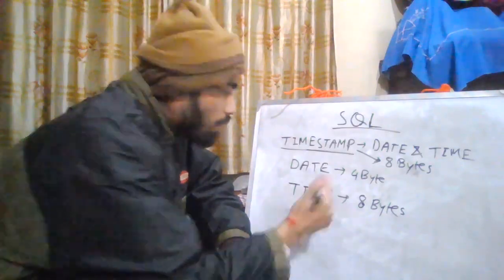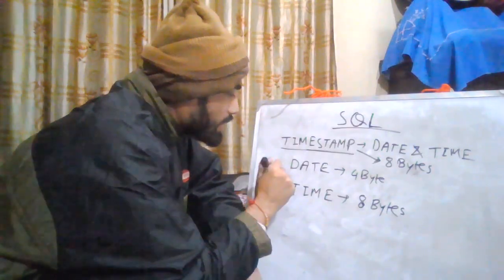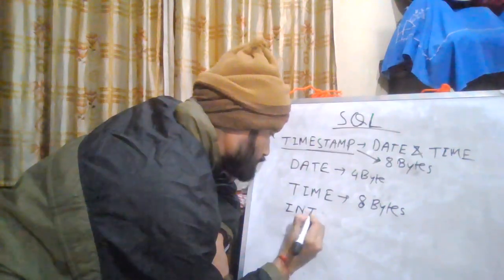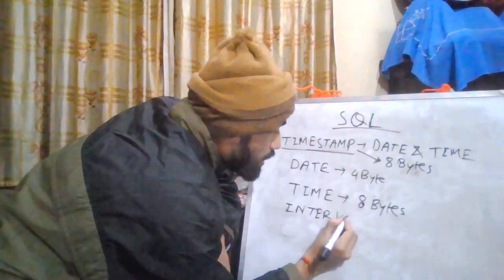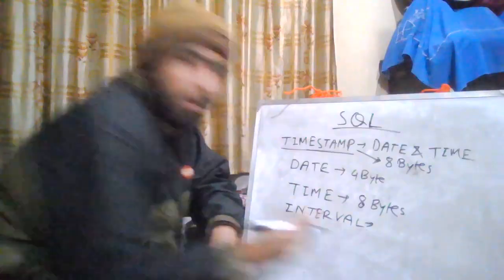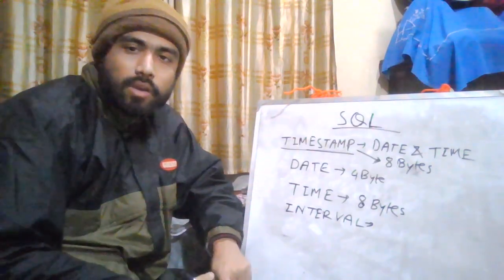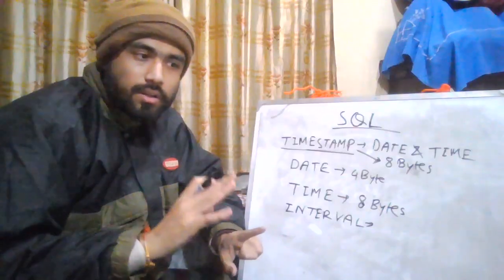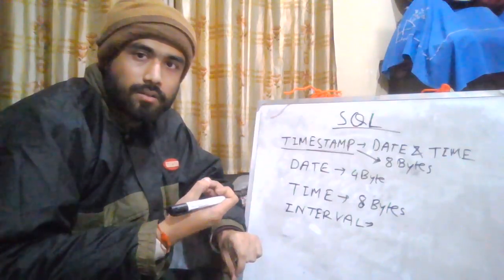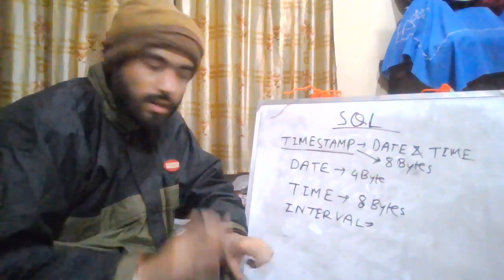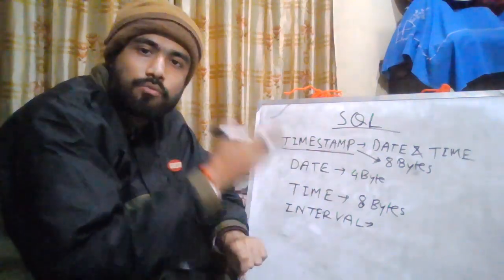Okay. Now timestamp, date, and time I have discussed. Now it is interval. As the name suggests, time interval is not in terms of 3 hours, 4 hours, or 5 hours. It is in terms of years.